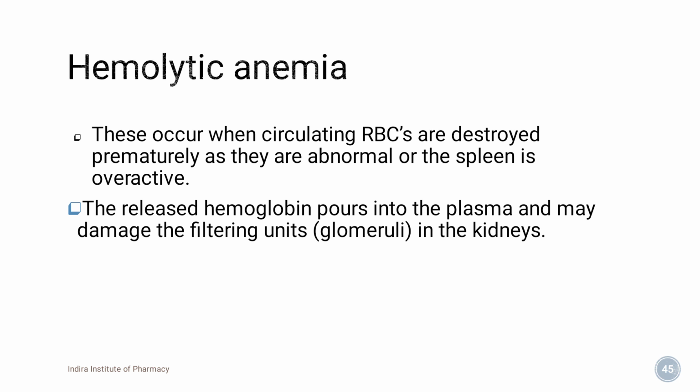Then we have hemolytic anemia. This can occur when circulating RBCs are fragile, or they are destroyed prematurely when passing through the capillaries or blood vessels, as they are abnormal or the spleen is overactive.